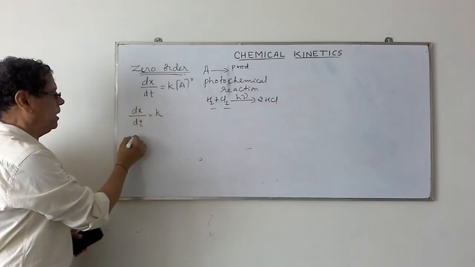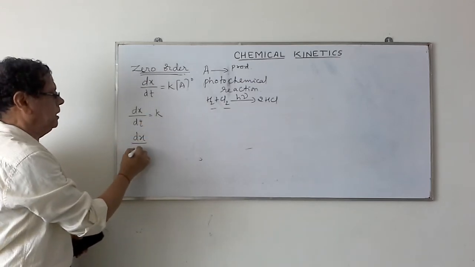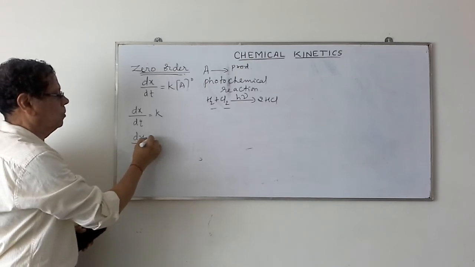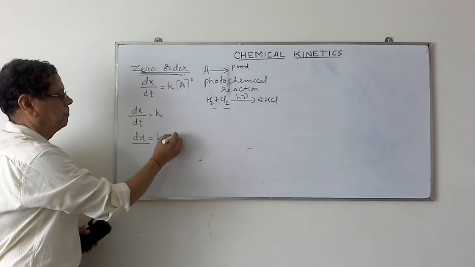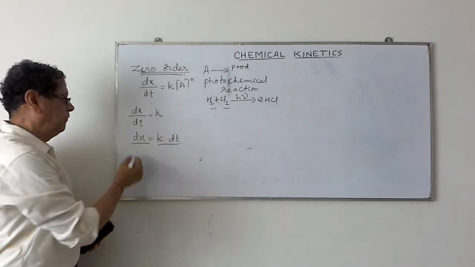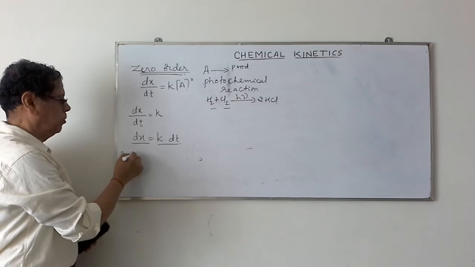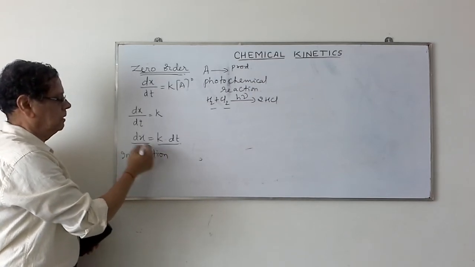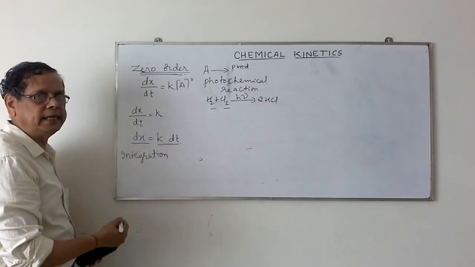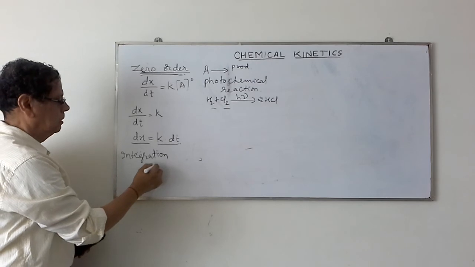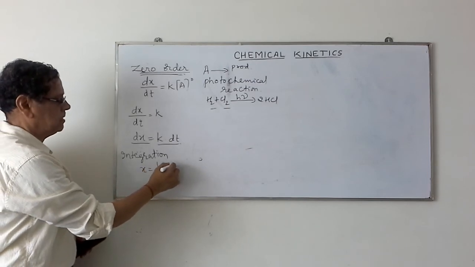Or we can write this as dx is equal to k into dt. If you integrate on both sides, integration of dx is equal to k dt, then we have x is equal to kt plus c.